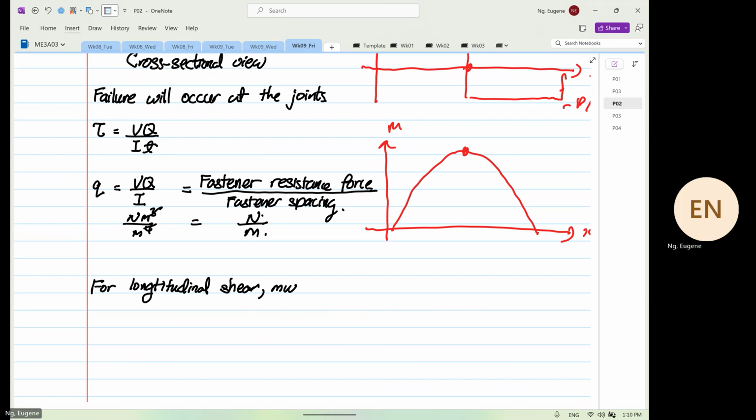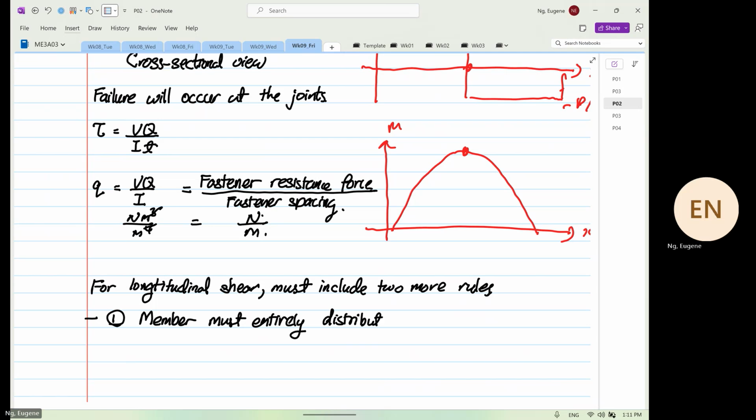Okay. Now for longitudinal shear, we must include two more rules. Number one rule is that the member must entirely distribute the shearing stress.